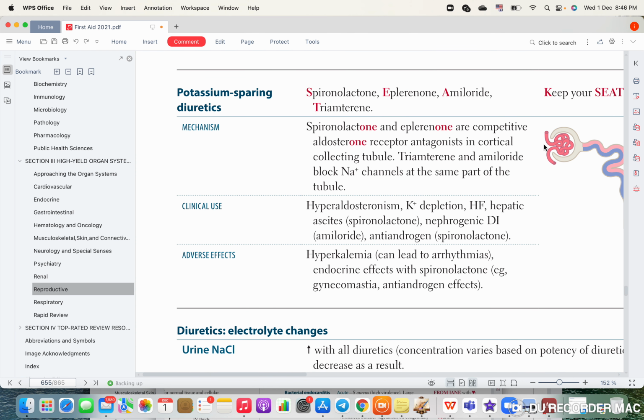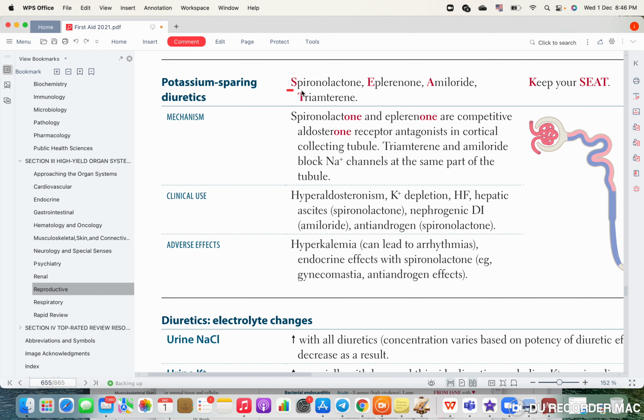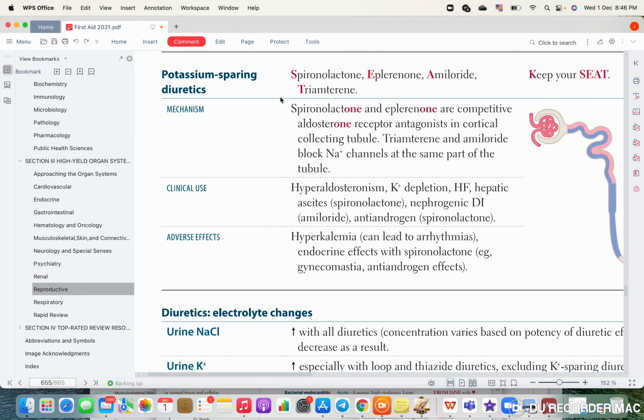Spironolactone and eplerenone. Yep. Which one between eplerenone and spironolactone has the highest risk of gynecomastia? Correct.